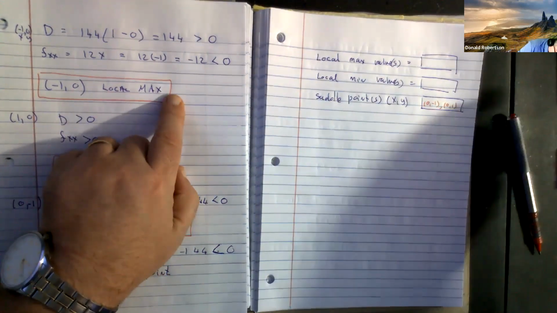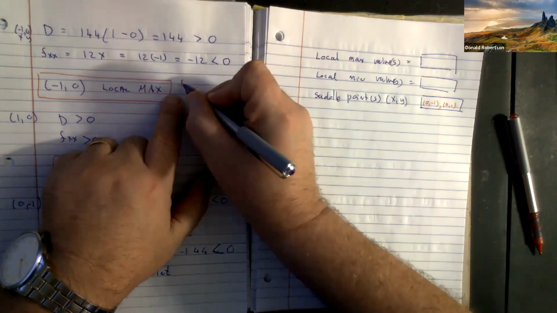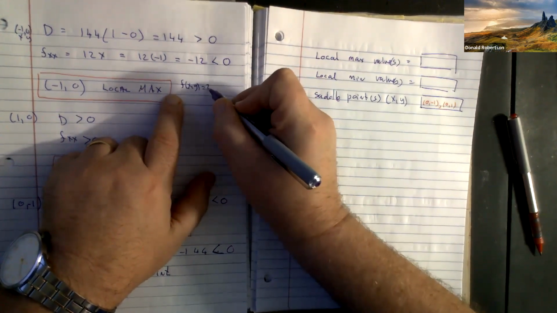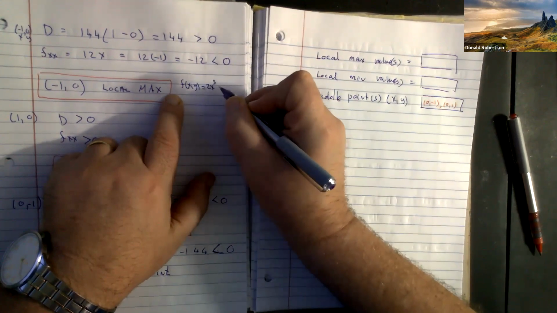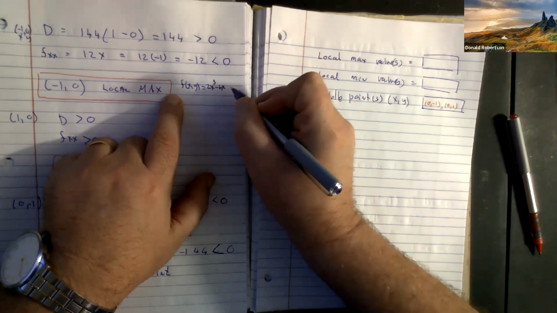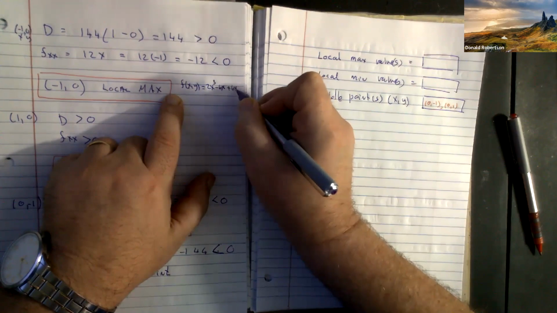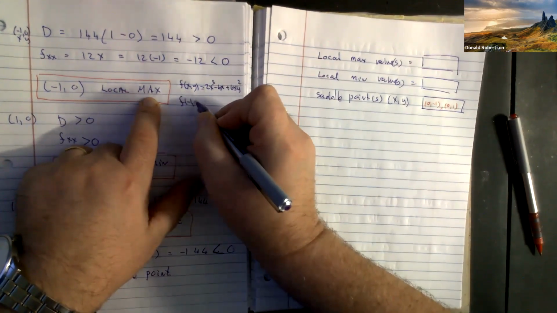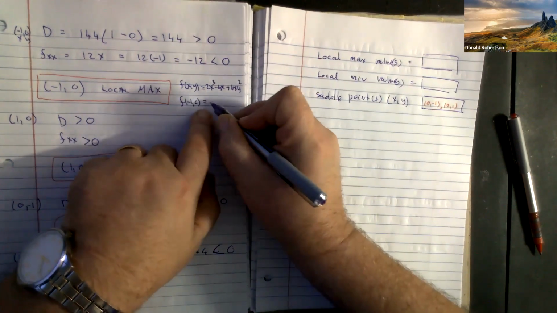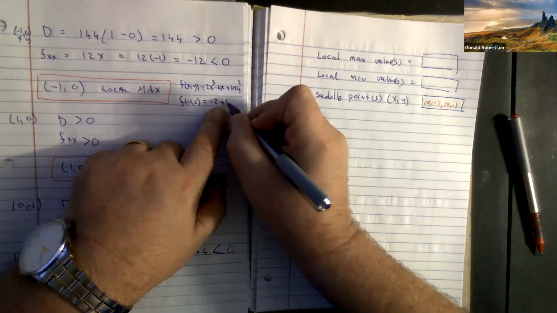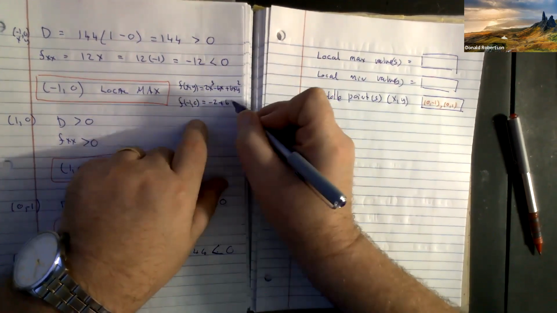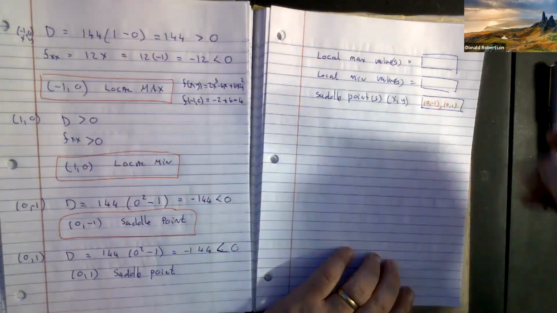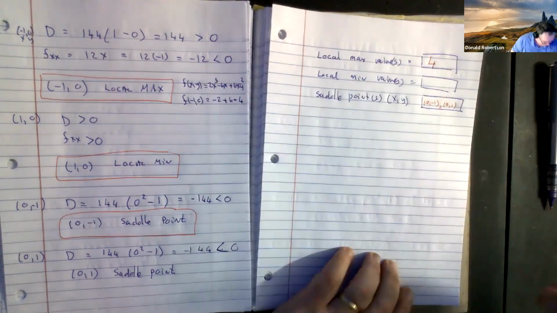So this function was 2x cubed take away 6x plus 6xy squared. And if you find its value at -1, 0, you get -2 plus 6 and a nothing, so you get the answer 4. So this local maximum is a 4.